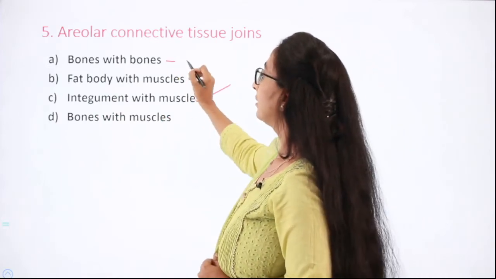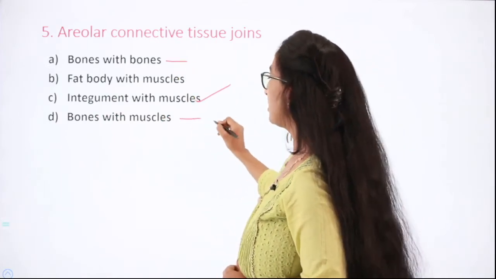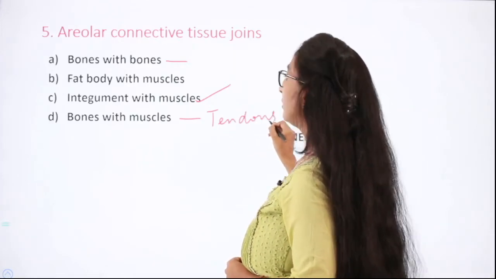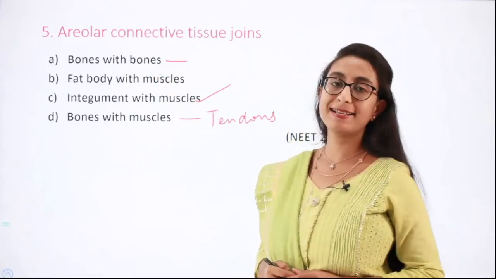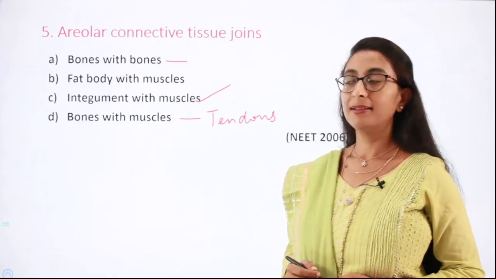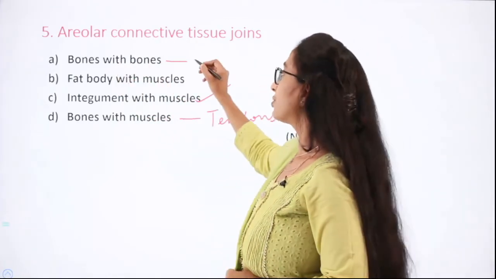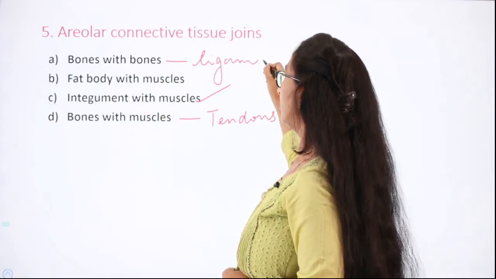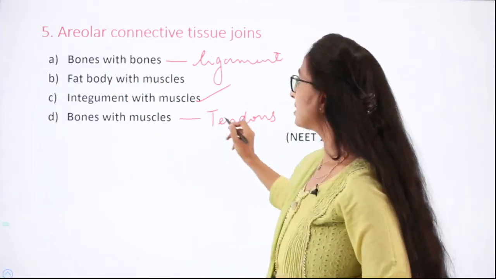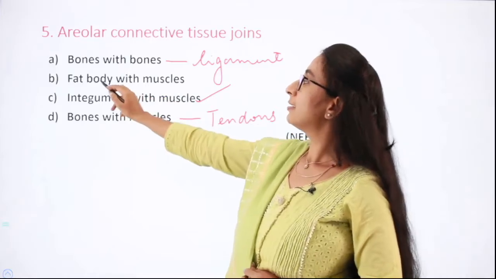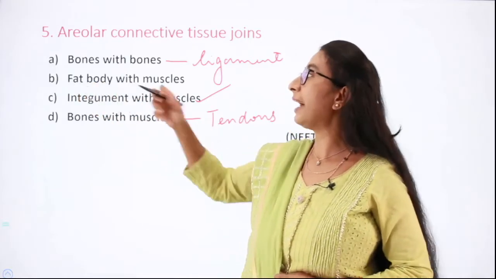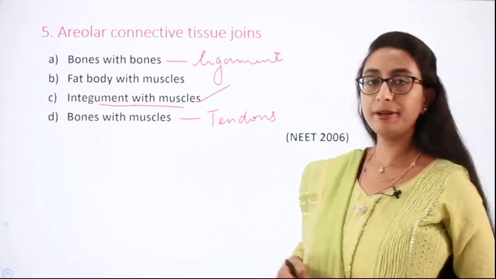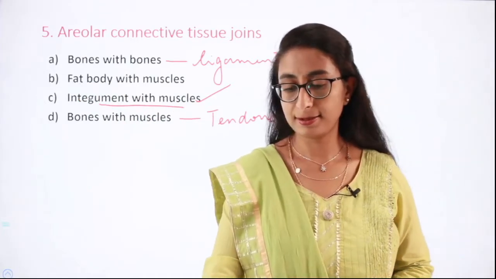Bones are connected with muscles through tendons, isn't it? So this is the right answer. Bones are connected with bones by ligament. Bones are connected with muscles by tendons. And the fat storing cells are the adipose tissue. So this is the right answer. Okay. C is the right answer.